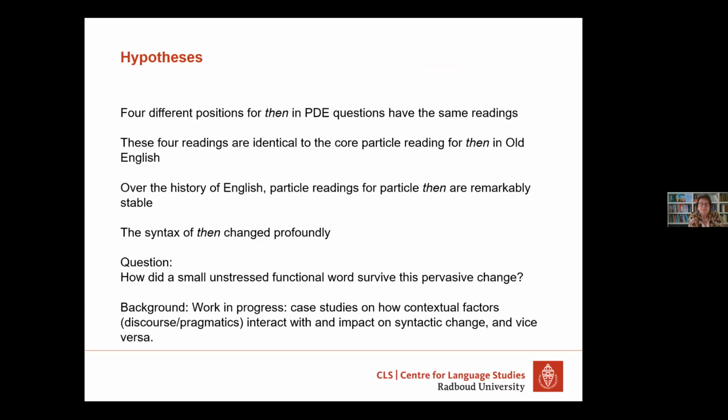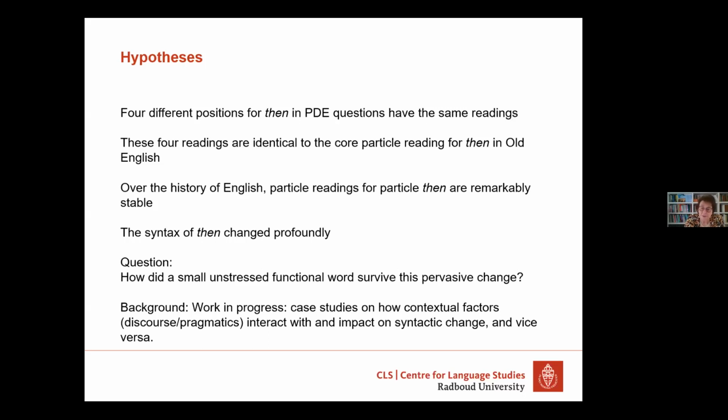So hypotheses. My hypothesis is that these four different positions for "then" in present English questions have the same reading, except that the third one is degraded in present-day English, and that these four readings are identical to the core particle reading for "then" in Old English. I'll show that later. Over the history of English, these particle readings for "then" are remarkably stable.